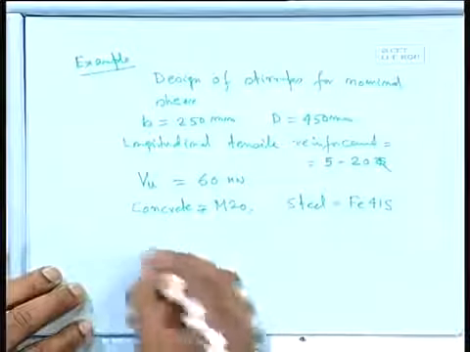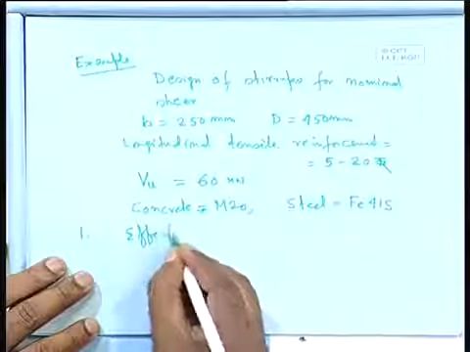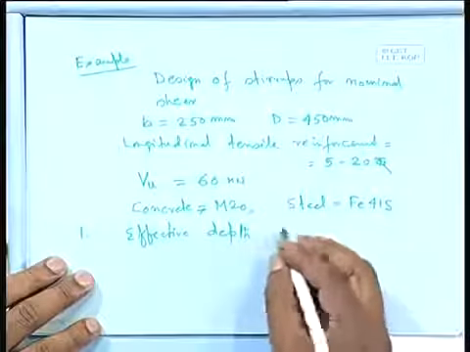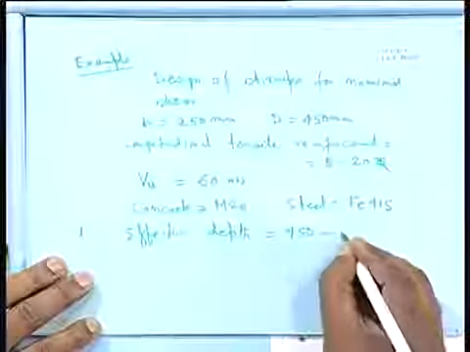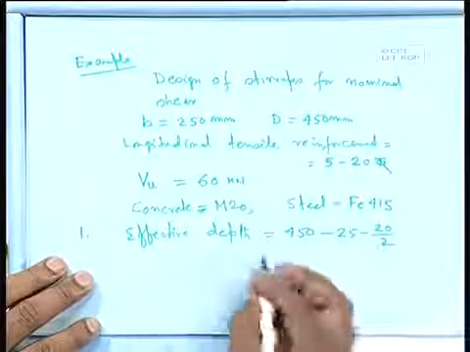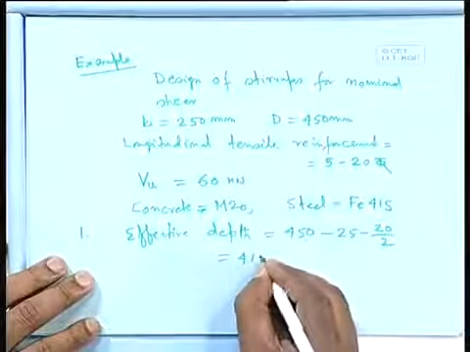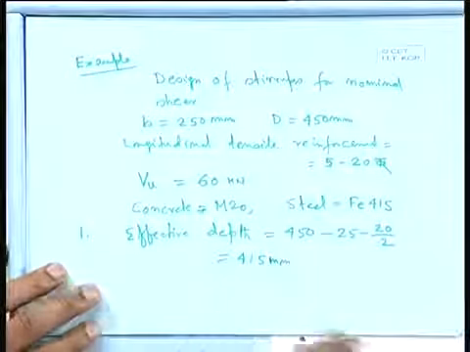Okay. So, what is the effective depth? Effective depth equal to 450 minus 25, the clear cover, minus 20 by 2, that is half of the diameter of the bar, which comes as 415 millimeter.